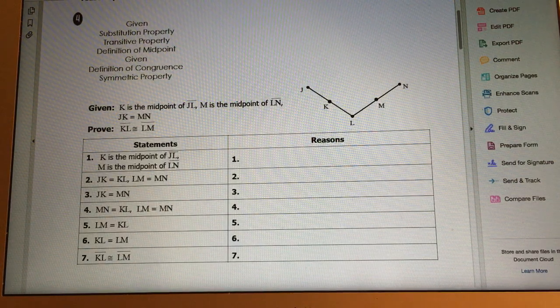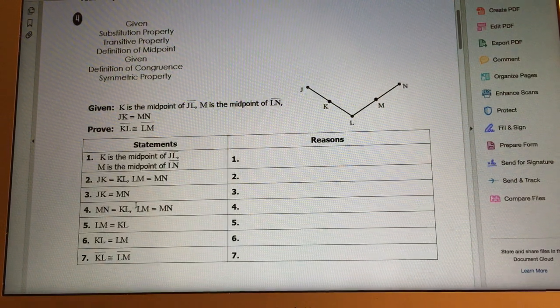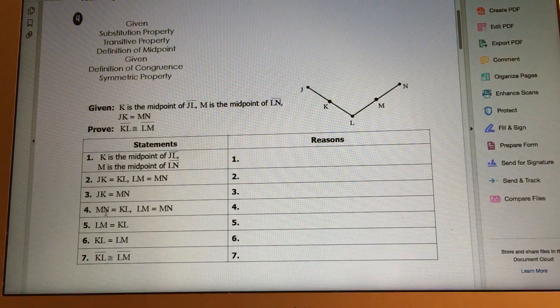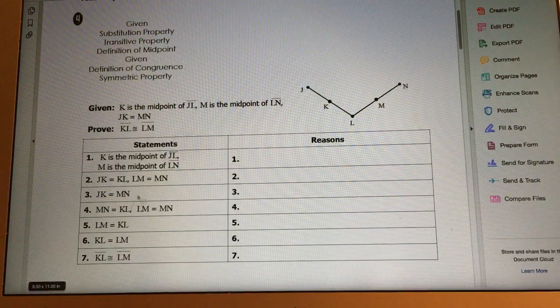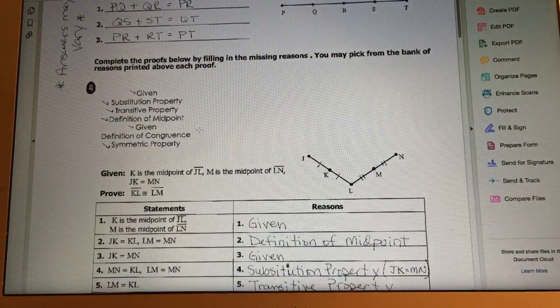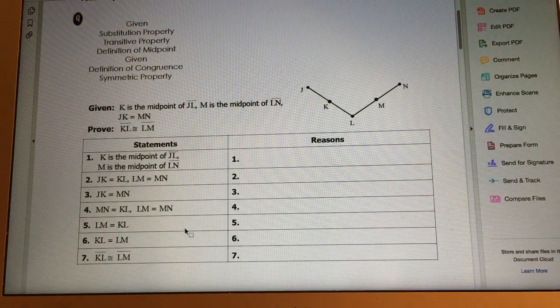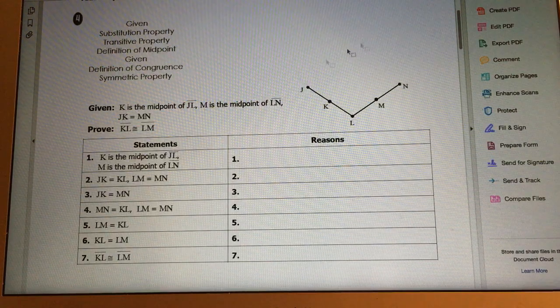When you have the same thing equaling two separate things, like MN equaling something and then MN equaling something else, it's the transitive property that allows you to say that those two equal each other. So LM equals KL, that is the transitive property. It's almost like double substitution, you can think of it as.